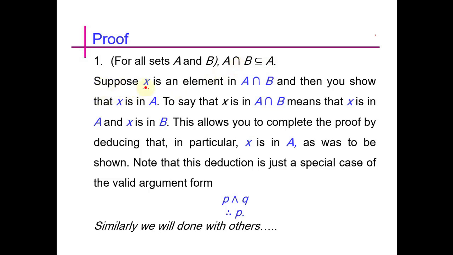So we suppose x is an element in A intersection B, and then we need to show that x is in A. To say that x is in A intersection B means that x belongs to A and x belongs to B. And this allows us to complete the proof by deducing that in particular x is in A.